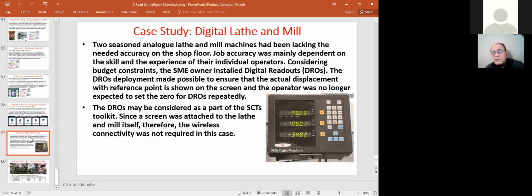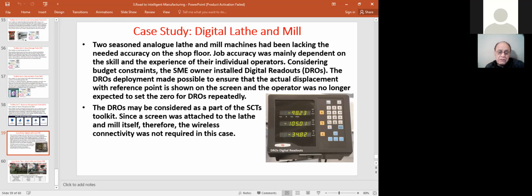It can be a lathe or a mill machine, and a smart mill machine or smart lathe has a microcontroller attached to it, and a digital readout display, like a computer attached to your lathe and a computer attached to your mill machine. So you work like this.